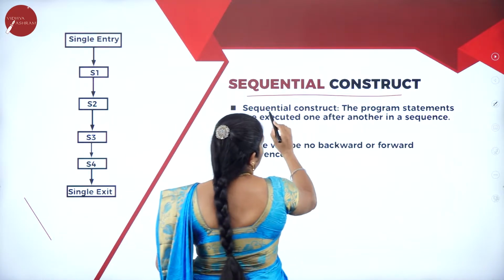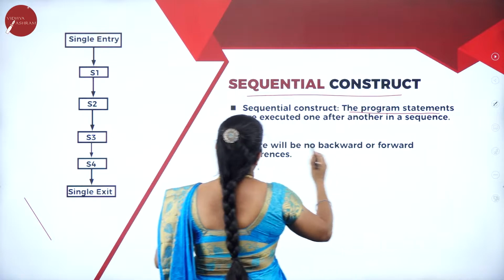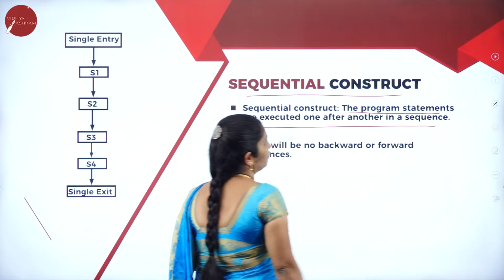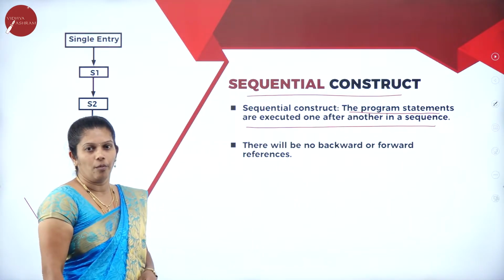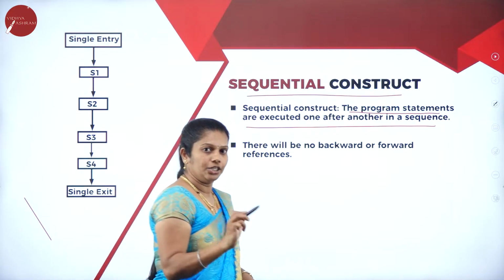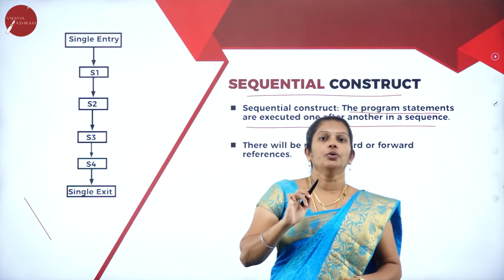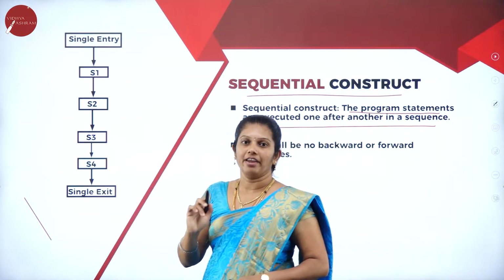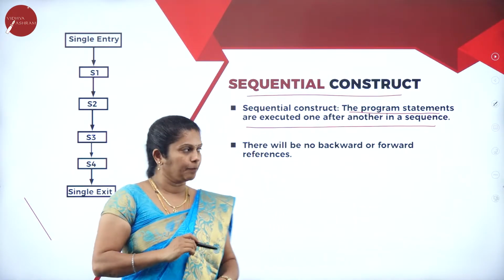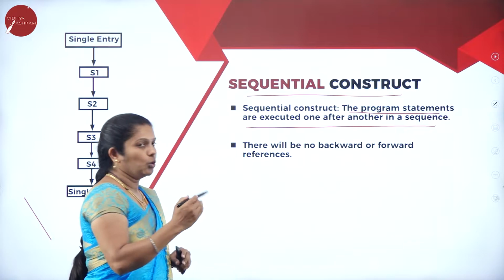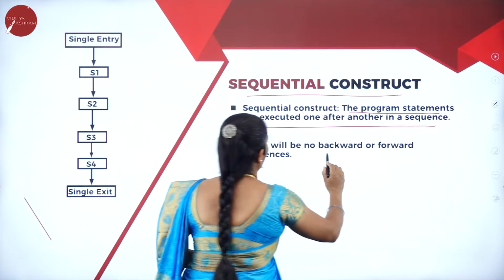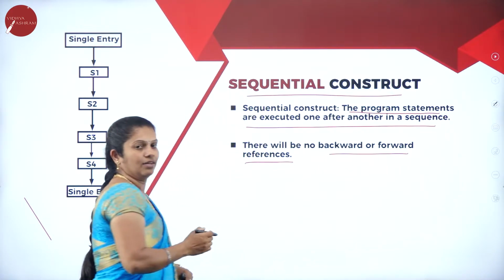In sequential construct, the program statements are executed one after another in a sequential format. It is the ability of the programming language to execute the statements one by one after another. There is no backward or forward reference here.